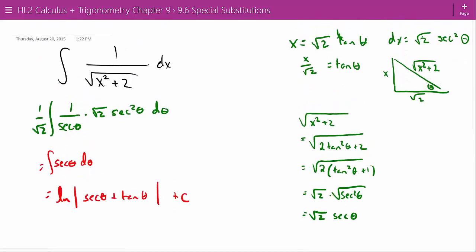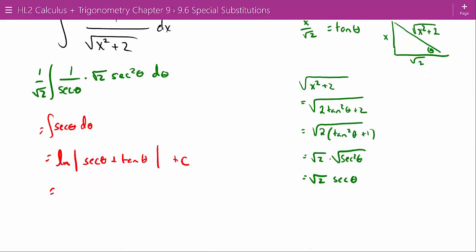And secant theta from the triangle, that would be 1 over cosine theta. Cosine theta is root 2 over root x squared plus 2. So secant is going to be square root of x squared plus 2 over square root 2 plus tangent theta, which is x over square root 2. And since they're both over square root 2, let's just combine them into one fraction.